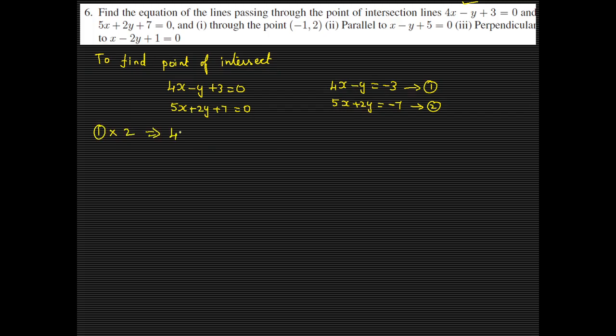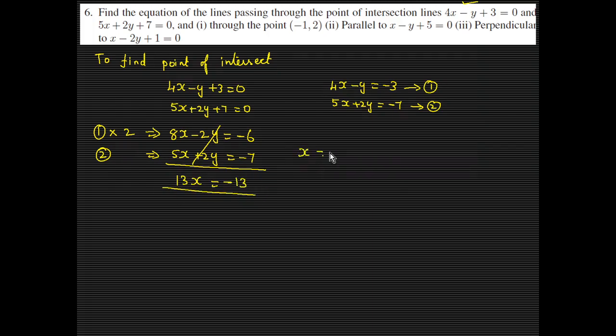You will be getting 8x minus 2y is equal to minus 6, and equation 2 is 5x plus 2y is equal to minus 7. So you can cancel the 2y terms. 5 plus 8 is 13x, and here it is minus 13. So from this you got x is equal to minus 1.